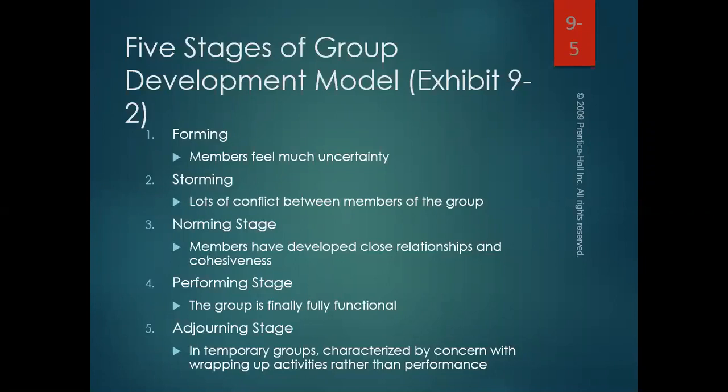Then moving to the norming stage. In the norming stage, members have developed close relationships and cohesiveness. So here people have close relationships with each other. They develop more cohesiveness. By cohesiveness, we mean that they develop close interaction.